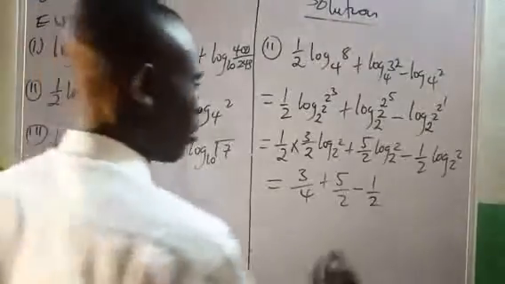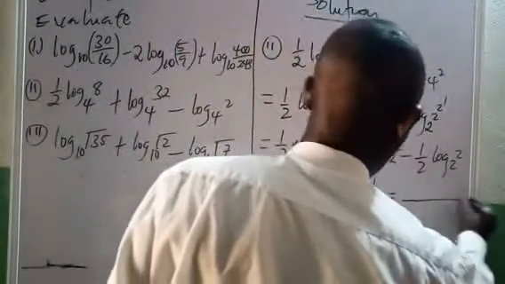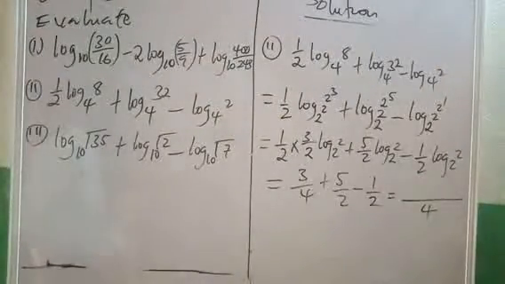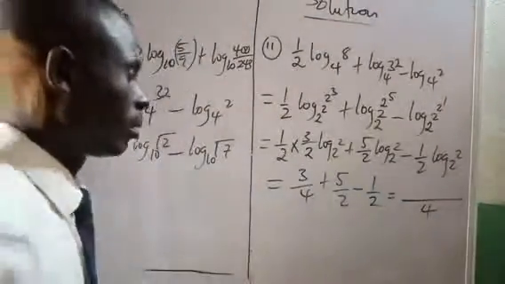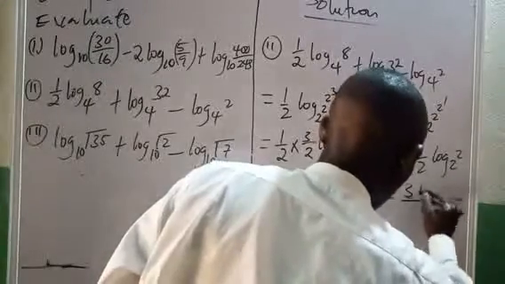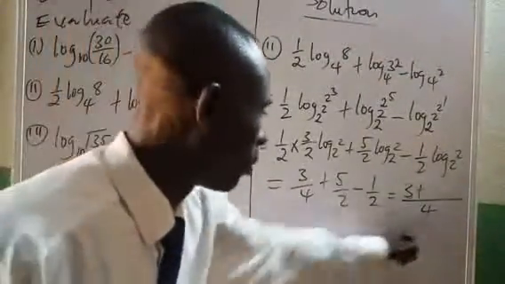So if you find the LCM, LCM is 4. 4 divided by 4 will give you 1 times 3. That is 3 plus 4 divided by 2.